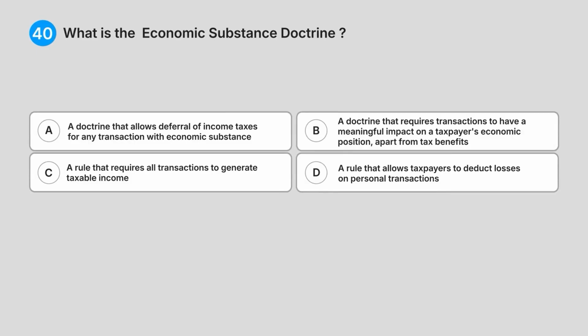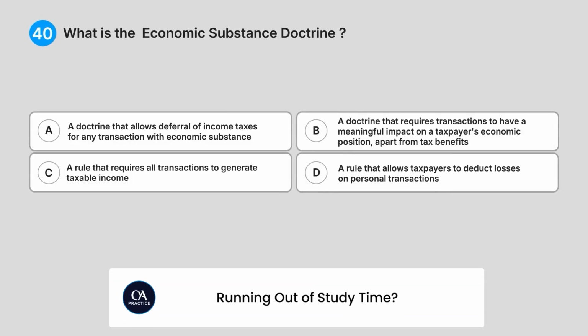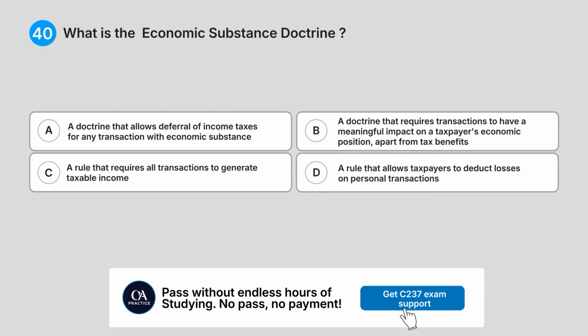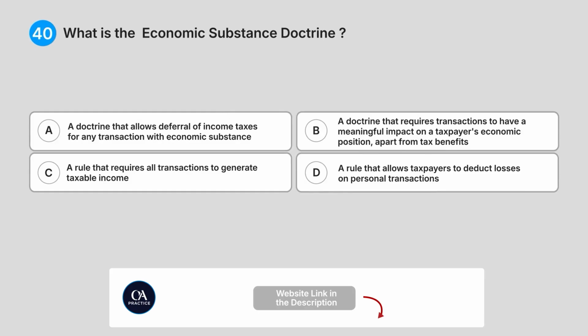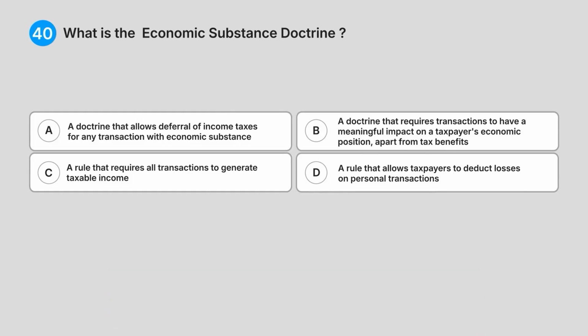40. What is the economic substance doctrine? A. A doctrine that allows deferral of income taxes for any transaction with economic substance. B. A doctrine that requires transactions to have a meaningful impact on a taxpayer's economic position, apart from tax benefits. C. A rule that requires all transactions to generate taxable income.